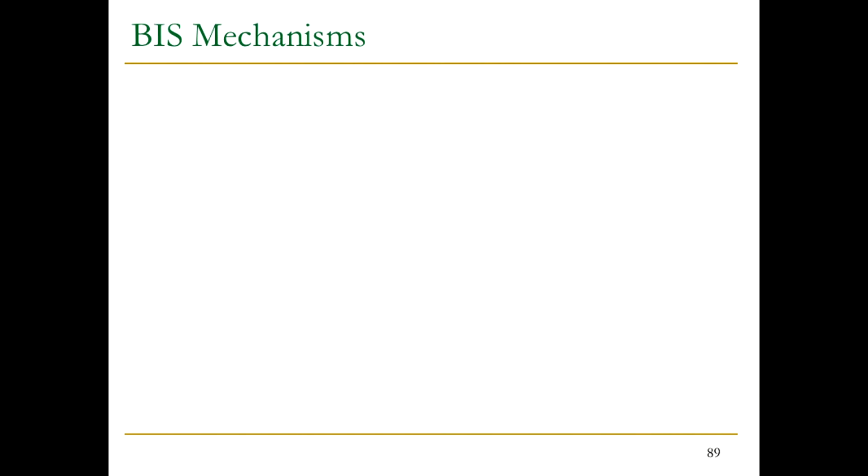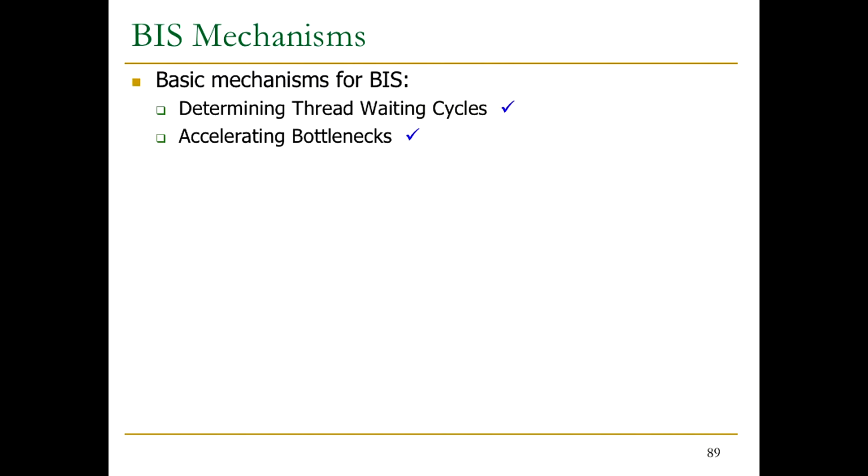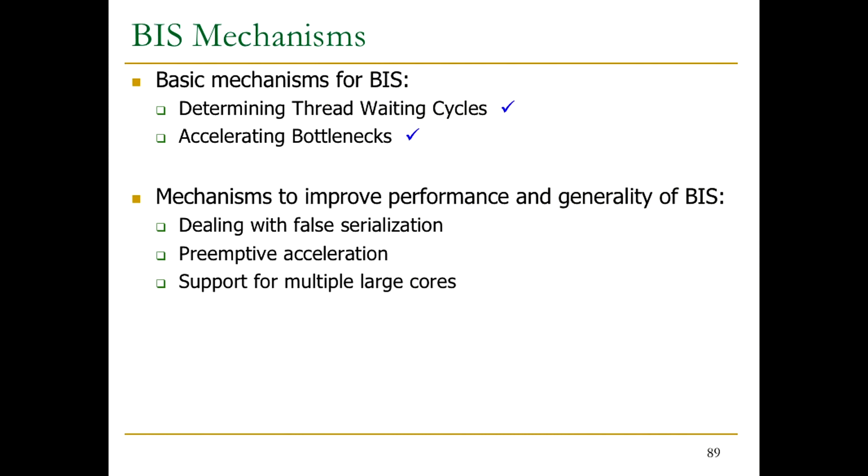Okay, I won't go into a lot more detail, but basically, there are some basic mechanisms. You still need to deal with things like false serialization over here. You need to preemptively accelerate some things, especially if you're running toward a barrier. It may be too late once you determine that everybody else reached the barrier, right? So you really need to be a little bit preemptive.